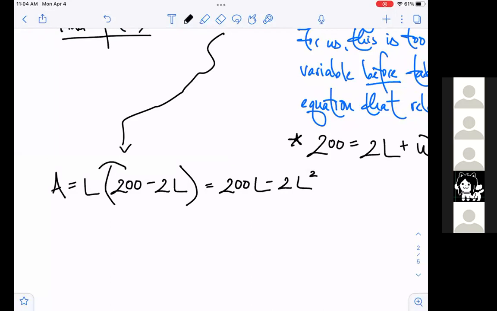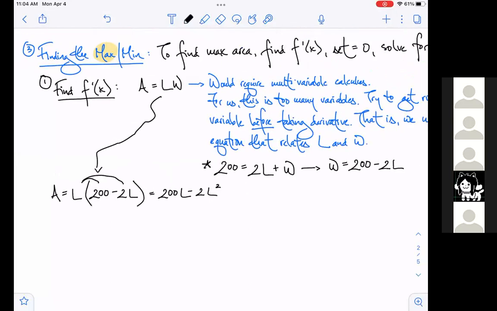Right, I distribute, I get 200L minus 2L squared. That looks a little bit more straightforward to take a derivative of, okay? So you could use product rule here, or you could use algebra and then turn it into something where you only need power rule, okay?